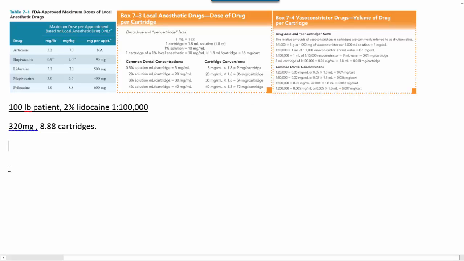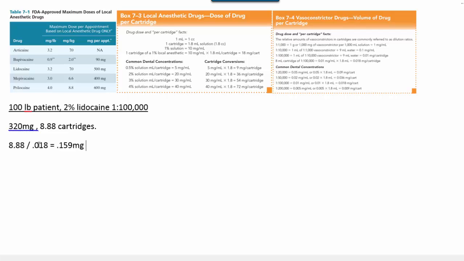So if the patient can have 8.88 cartridges and each cartridge has 0.018 milligrams of epinephrine in it, we would multiply that by 0.018 milligrams. That comes to 0.159 milligrams of epinephrine.